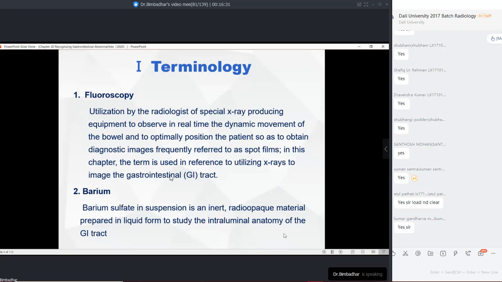So, utilizing the theory of anatomy, we are trying to analyze the real-time condition of the pathology.